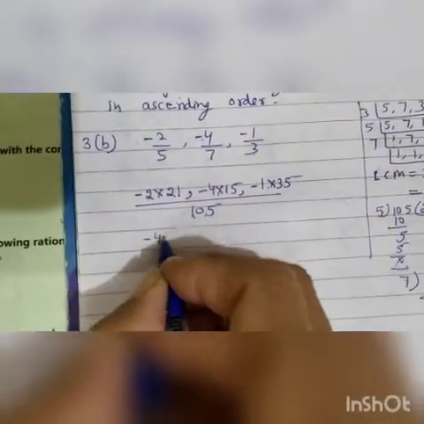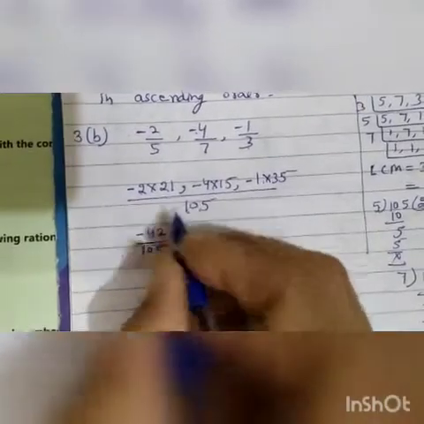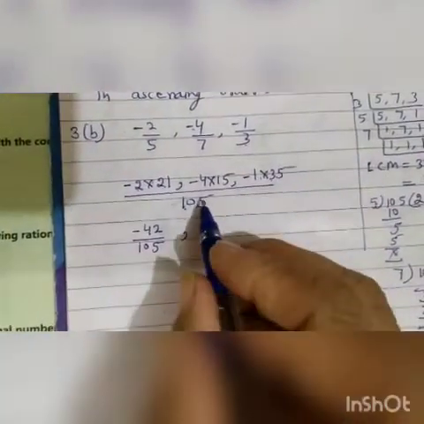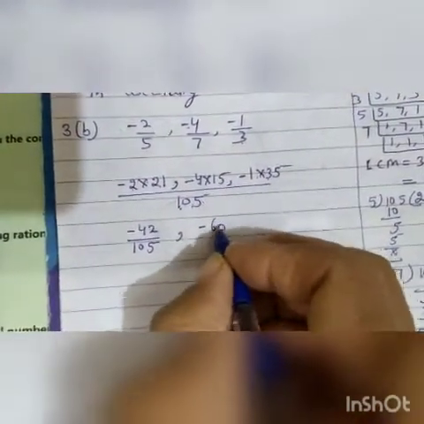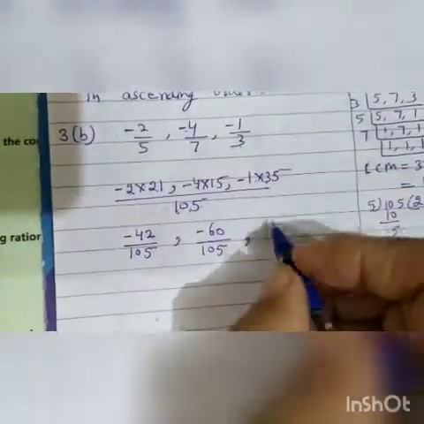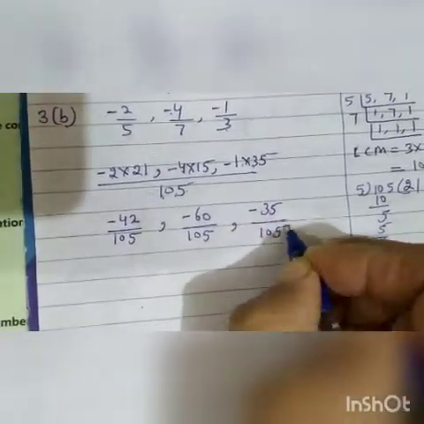So it will be minus 42 with denominator 105. Now we will write these three rational numbers individually with the same denominator. 15 fours are 60. It will be minus 60 upon 105. Now 35 ones are 35, minus 35 upon 105.